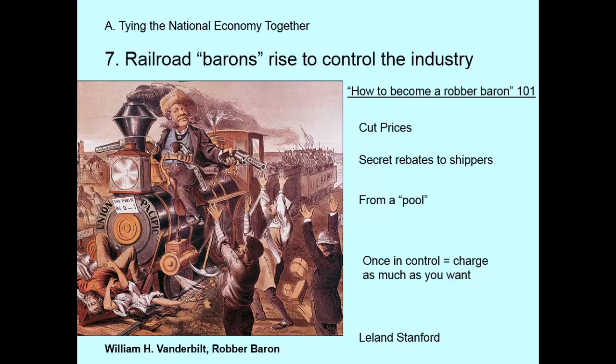Now, all of these things, of course, lead you to drive your competitors out of business, and once you're in control, you can charge as much as you want. There is nobody else that Joe's Fish Market could use. I have driven company C out of business, and maybe then I go against company B, even though they were a former partner, and I cut prices, or I do secret rebates, and I drive them out of business. And now Joe's Fish Market can only use me to get their fish.